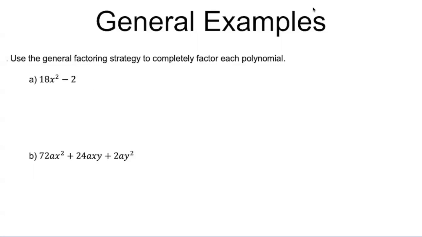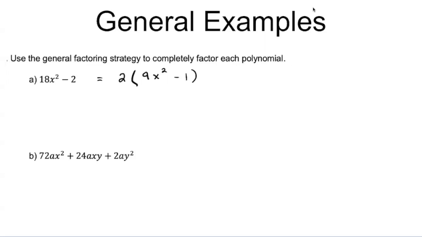So let's just look at two more examples. For these last two examples, you have two examples where you need to first find your greatest common factor and then factorize. So if you look at our first one, the greatest common factor in this one is a 2. The 2, when divided out, leaves me with 9x squared minus 1.